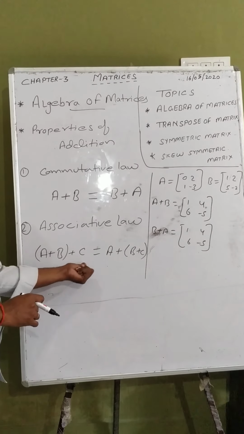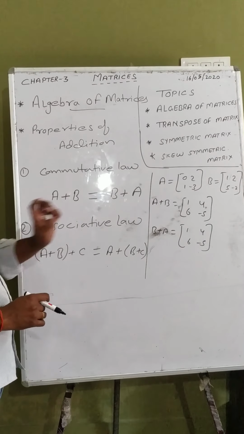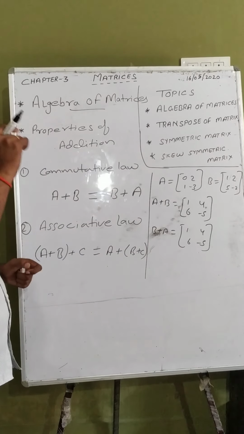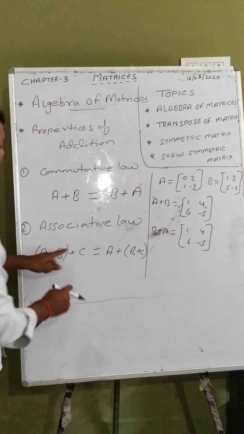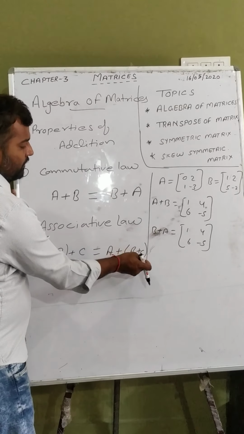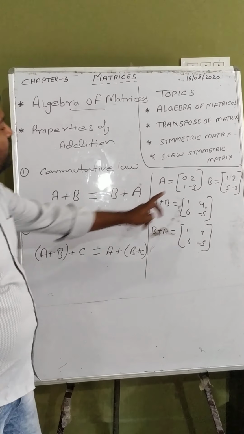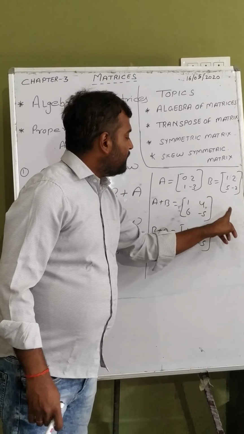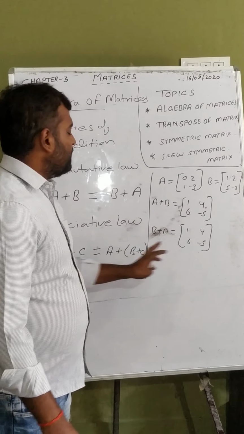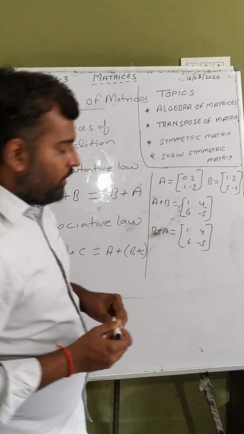If we add A plus B together and add the resultant to C, this will be equal to adding B plus C and adding the result to A. This must be the same. You can take another matrix C and explain like that. Find the LHS, find the RHS, and you will get the same result. Clear? The commutative law, the associative law.